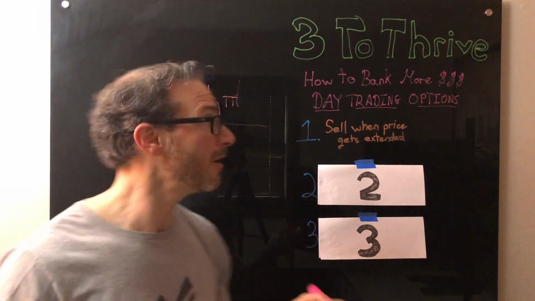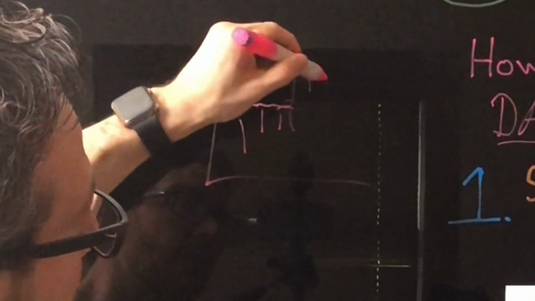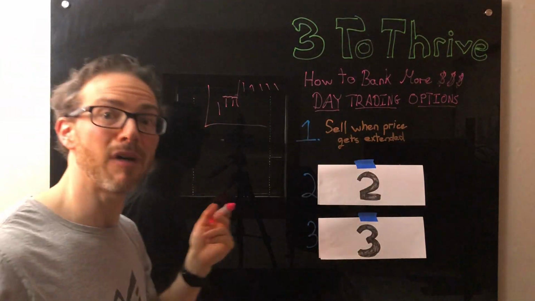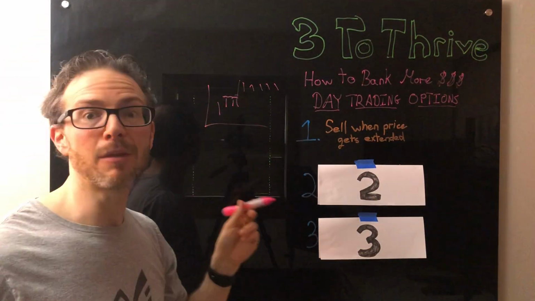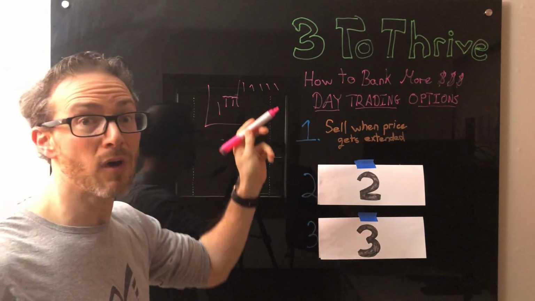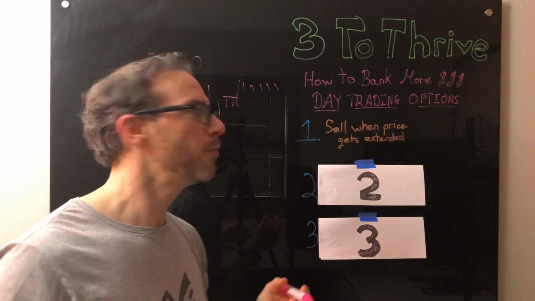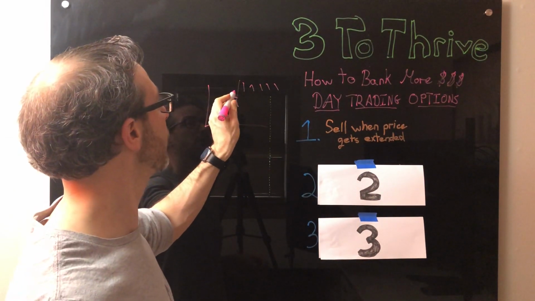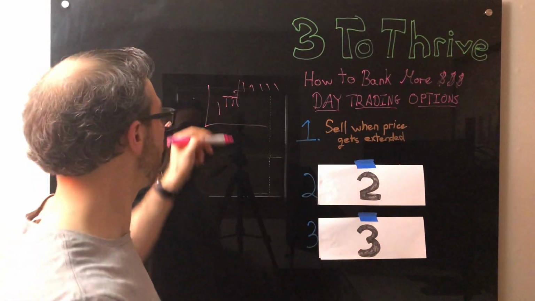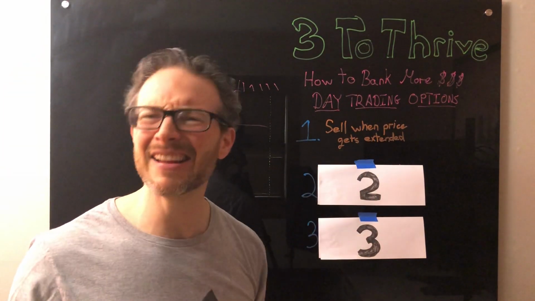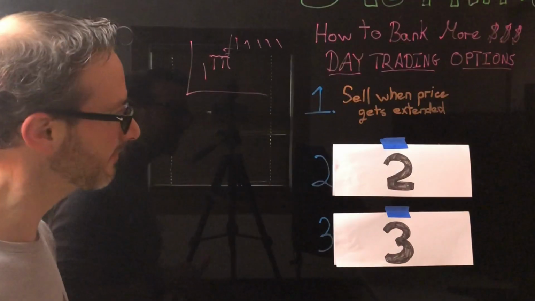You want to bank that, because if price starts moving sideways and all of a sudden you're over here at the same price of the stock, you'll see that the price of the option actually dropped, and you might be pretty close to break even, as if price had only moved up that high. So when you see those big price moves, when price starts to get extended, take some of that profit.